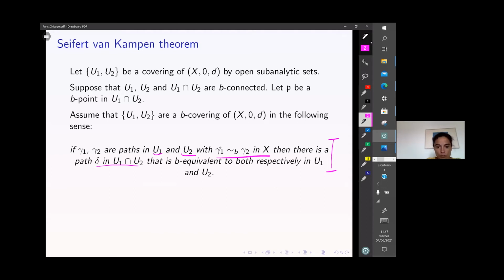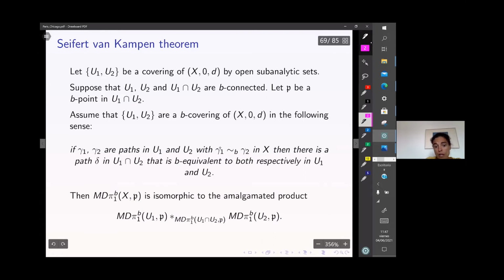See that I am not saying that this is a homotopy equivalence, of course, because this would be too strong. Okay, this will be the theorem. And then when these are the hypotheses, we have that the moderately discontinuous fundamental group is isomorphic to the amalgamated product. Okay. So we have generalized this theorem to the more general setting of groupoids with a big amount of points.